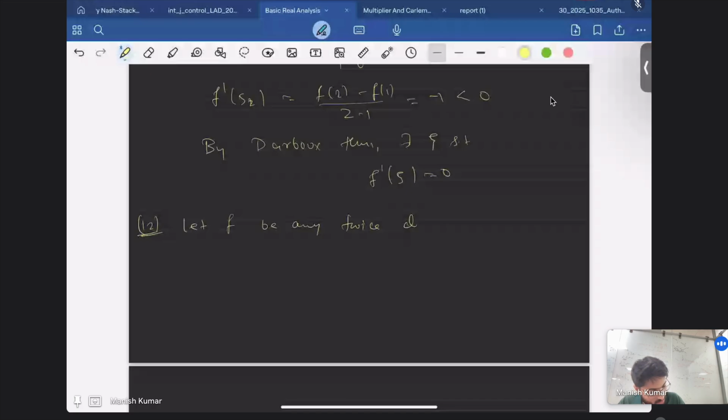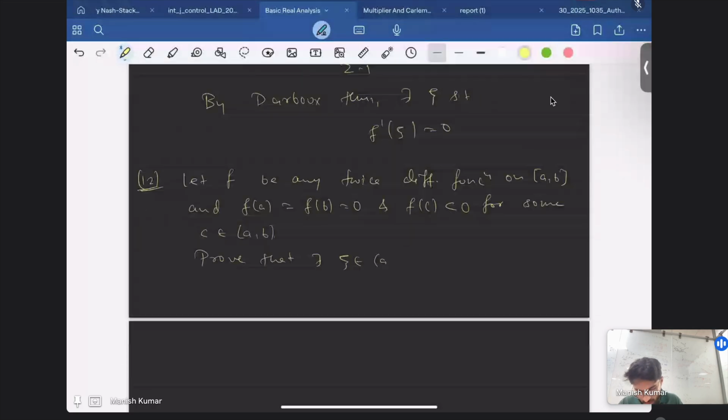Okay, so again here we'll just use the mean value theorem. So you know this a, c is there, and b. First use the mean value theorem here, then here, and then on those derivatives. Before we used the Darboux theorem, but here we will have to use the mean value theorem because we want to prove it positive.